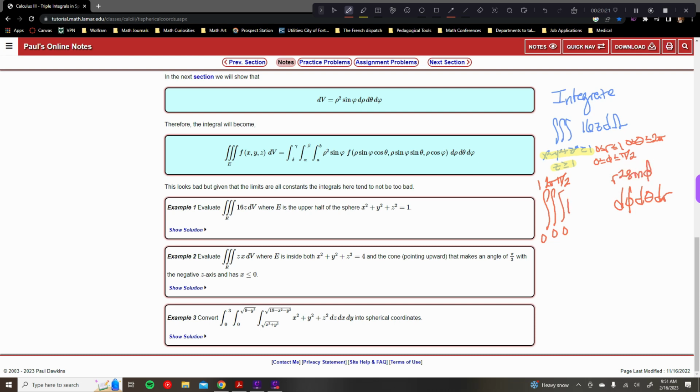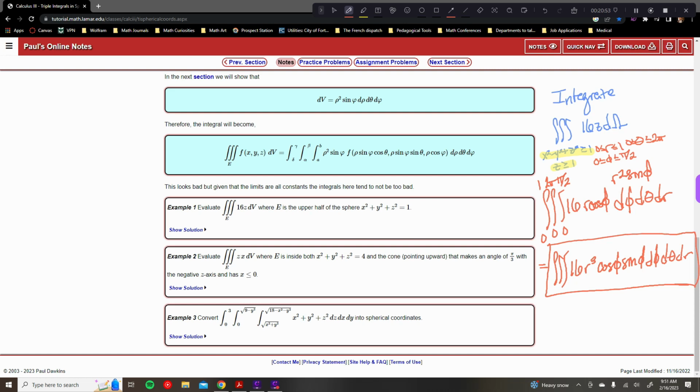And then I have my 16z over here, but recall z is r cosine phi. So really what this turns into, if I simplify a little bit, I have my triple integral. I'm not going to rewrite the bounds, but I have 16 r cubed cosine phi sine phi d phi d theta dr.